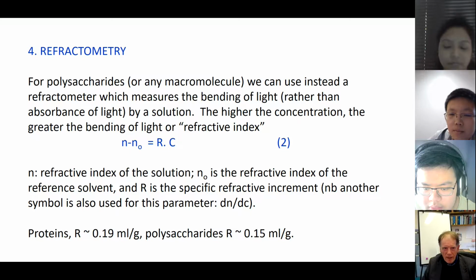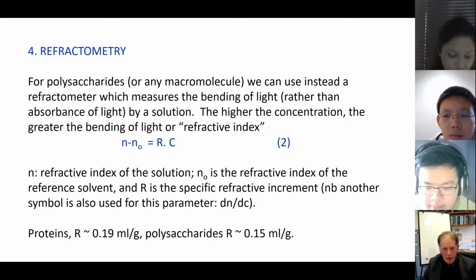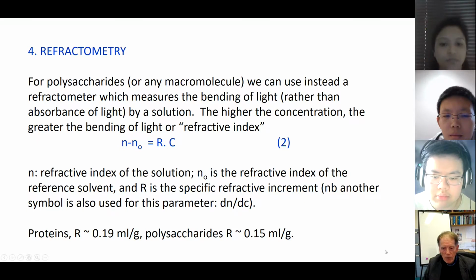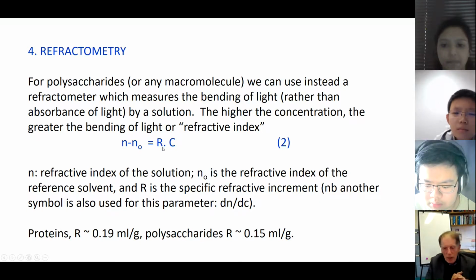Okay, so spectrophotometers and refractometers are for measuring concentrations of your material in solution, and that's probably the most popular and most accurate way of measuring concentrations, providing you know the refractive increment in refractometry, or if you're using a spectrophotometer, you know the extinction coefficient.